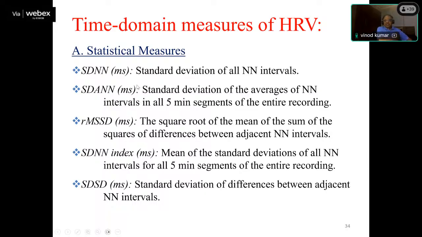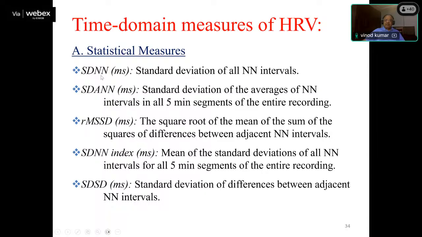When we are studying HRV, we have to keep in mind I am not concerned about the magnitude of the ECG signal. I am not concerned about the time interval between various wave components. I am only studying the rhythmic behavior of the RR interval. That is why I say standard deviation of normal to normal beats, that is RR interval.